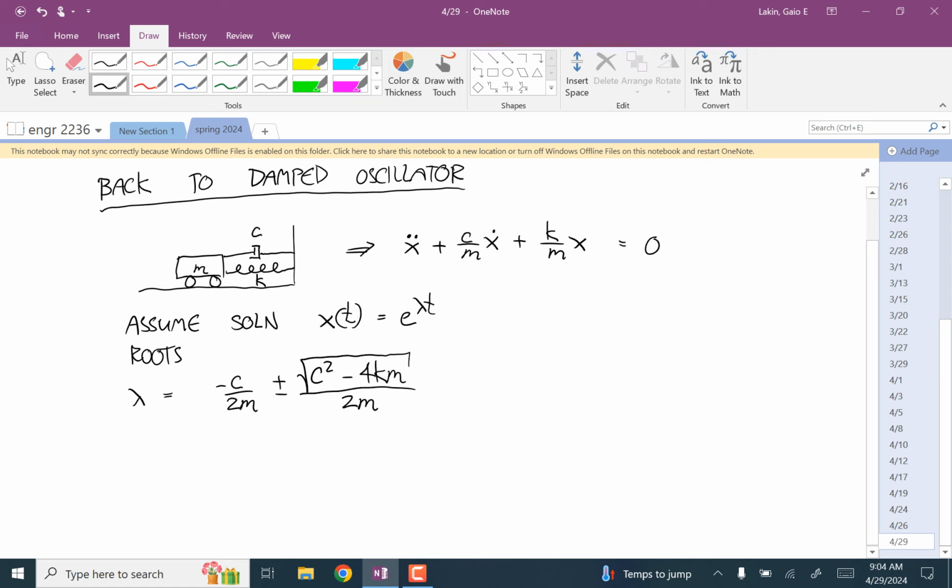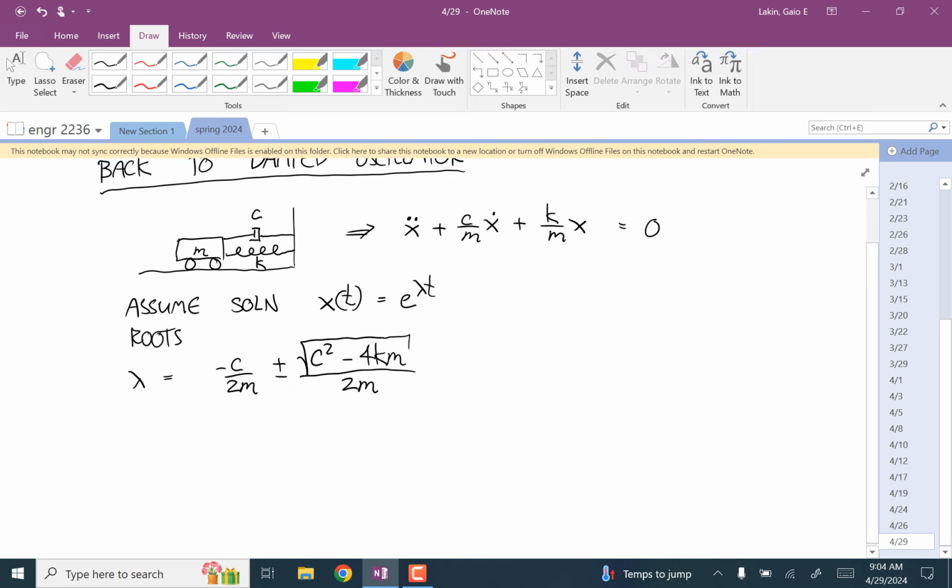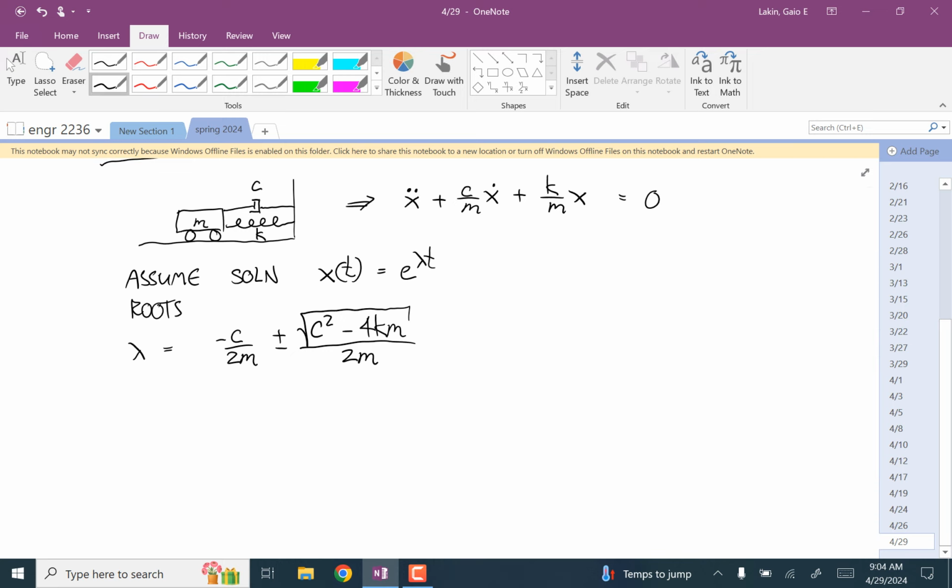So those are the two roots. And we had three fundamentally different cases of this. The first one was the overdamped case. As you can imagine, that is where the c is big. So that's the case where c squared is greater than 4km.